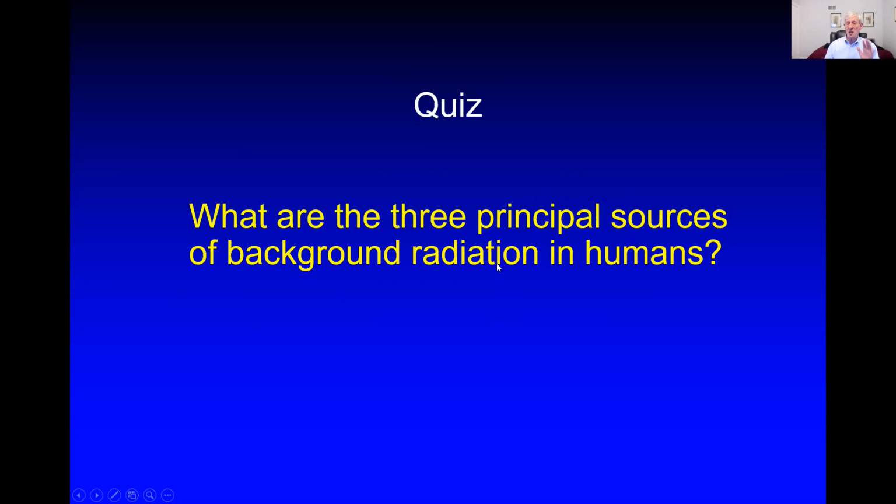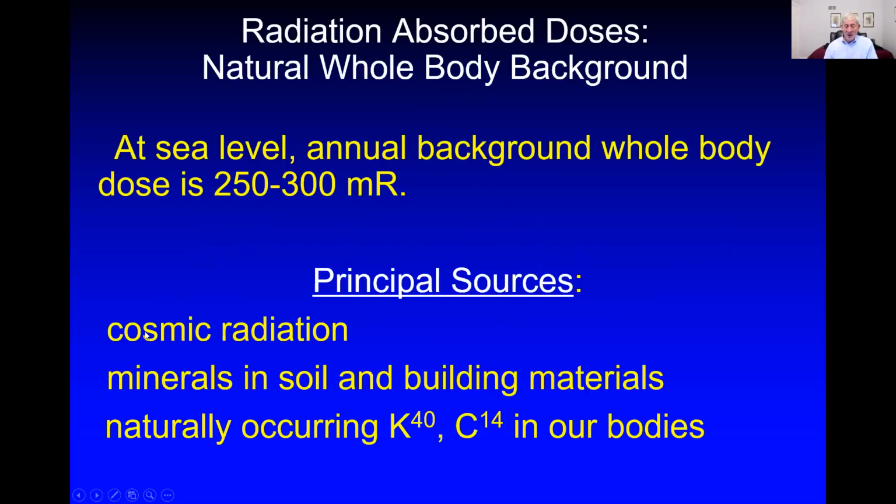Terrestrial? Okay, terrestrial sources. And how about extraterrestrial? So here they are. We have cosmic rays. We can't get away from them. We're being bombarded with them right now. You can't feel them, of course. And they are so penetrating, they deposit very, very small amounts of energy. So we have cosmic rays.